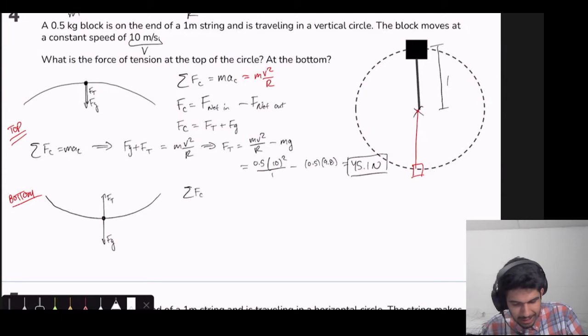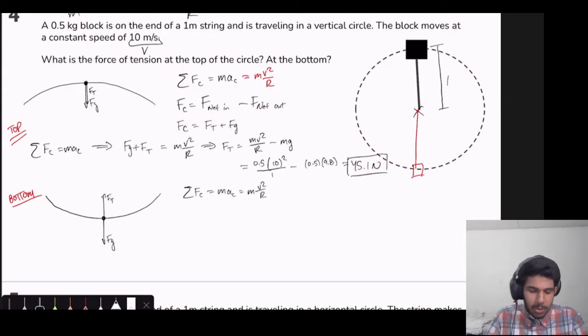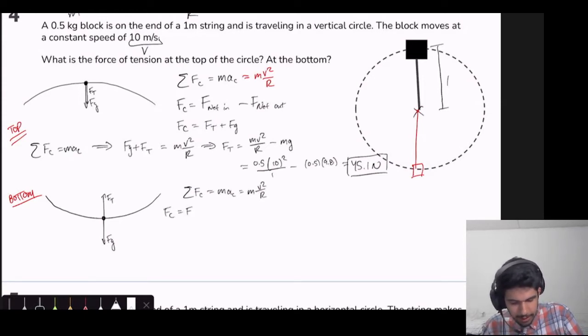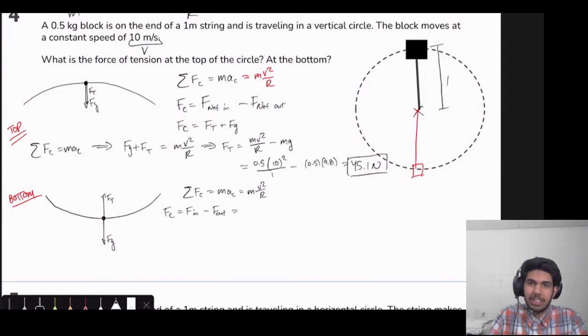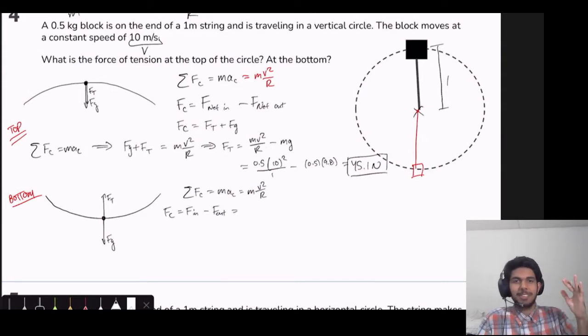And let's just do a very similar thing. The sum of the forces centripetally equals m a_c, which is equal to m times v squared over r. So now what's Fc? Fc equals F in minus F out. And now our forces are pointing in opposite directions, so we do have to figure out what is inwards and what's outwards. Inwards means towards the inside of the circle, so that would be Ft.